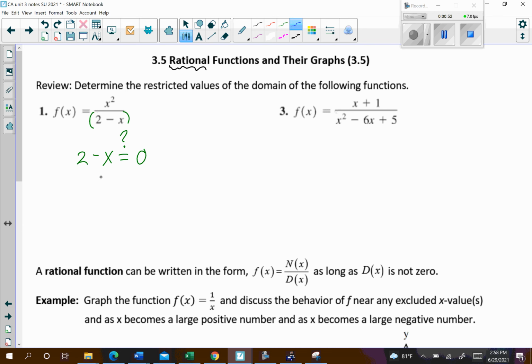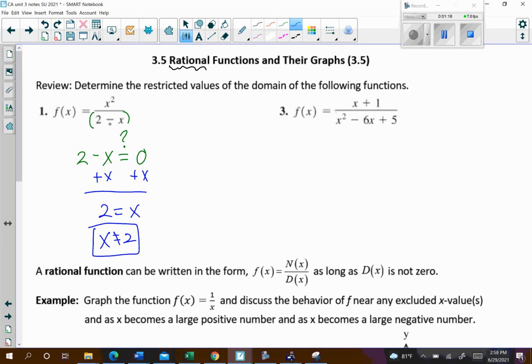Right here, I can just add an x to both sides real quick, and I get 2 equals x, or x equals 2. That's my restricted value, so I'm going to put a slash through it, saying we don't want to include that value. You can plug in anything else you want into this function, but if you plug in a 2, we'll get undefined because we cannot divide by 0.